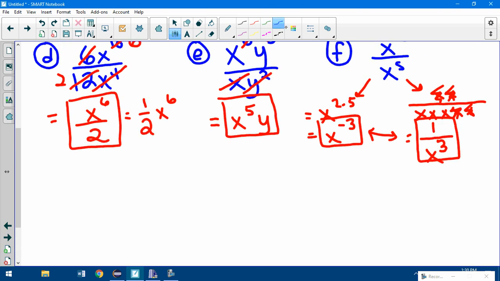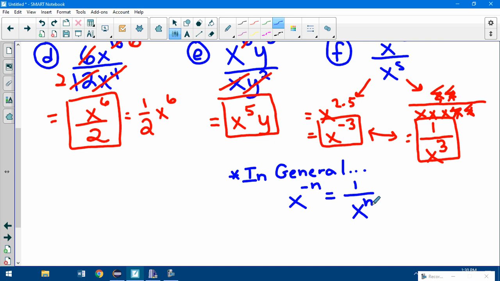So this is a big rule in general. X to the -n is equal to 1 over x to the n. And you can see how that rule follows here. If I have a negative exponent, it basically flips to the bottom.